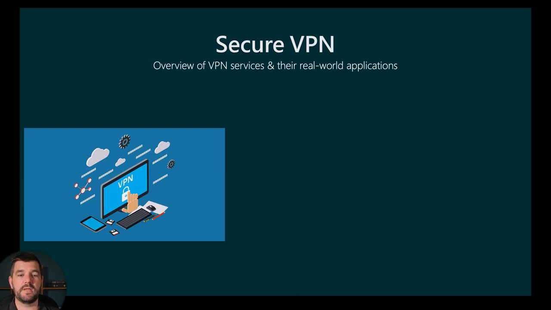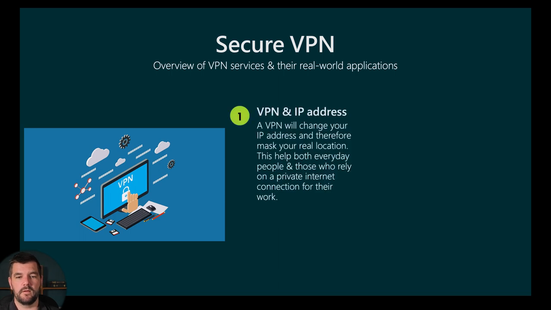So we touched on VPN in phase 1 when we were talking about phones. So let's have a brief overview of VPN services and their real-world applications that we might be able to use. A VPN will change your IP address and therefore mask your real location. This helps both everyday people and those who rely on a private internet connection for their work.